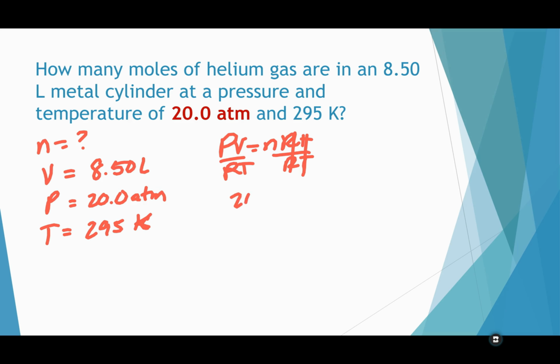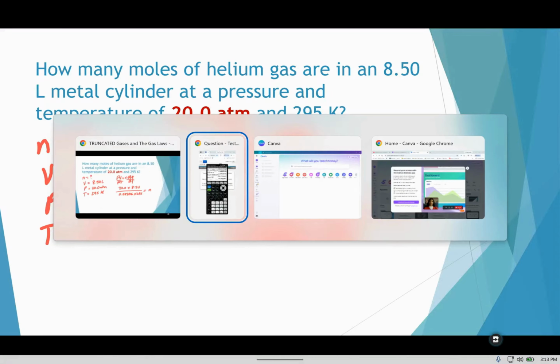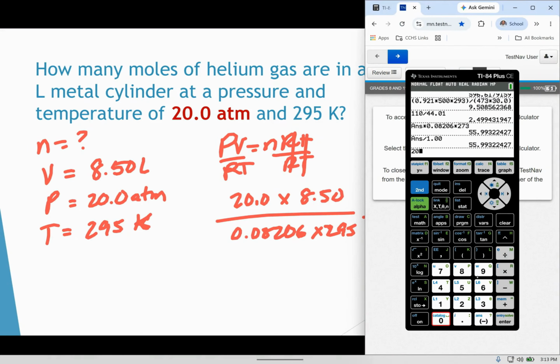P is 20.0 times 8.50 divided by 0.08206 times 295. That will be my moles. So 20 times 8.50, close parentheses, open, divided by open parentheses, 0.08206 times 295.